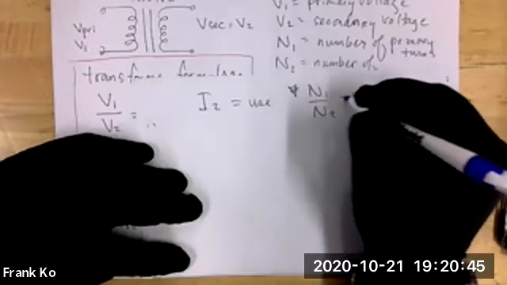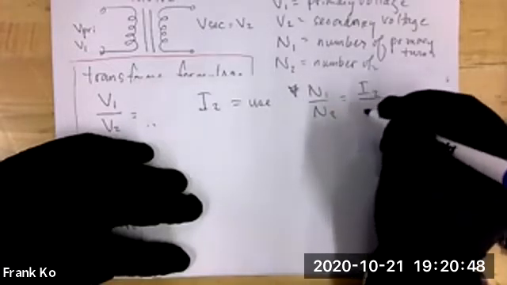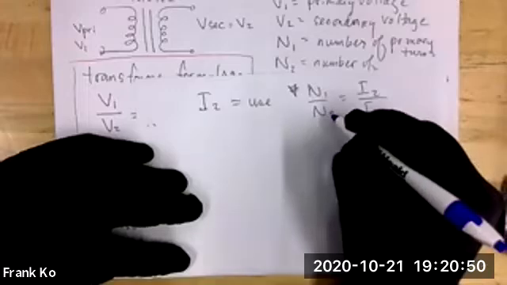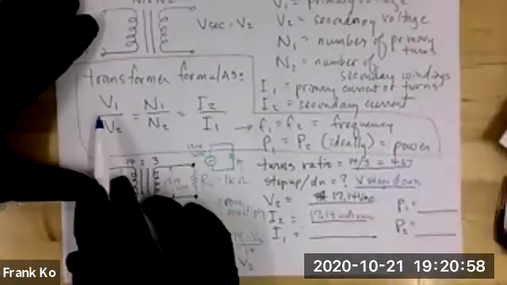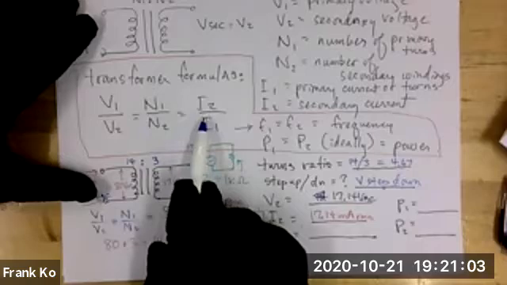N1 over N2 is equal to I2 over I1. Let's use this part of the formula as opposed to the voltage. Doesn't our transformer formulas, we could use any sets of ratios equal to each other to find current, yes?